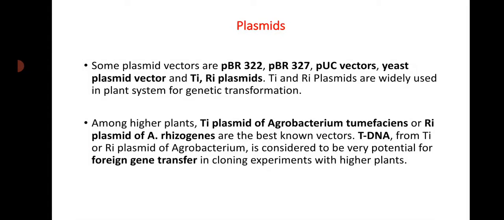Some plasmid vectors, as I told you, are pBR322, pBR327, pUC vectors, yeast plasmid vectors, and Ti or Ri plasmids. Ti and Ri plasmids are widely used in plant systems for genetic transformation.